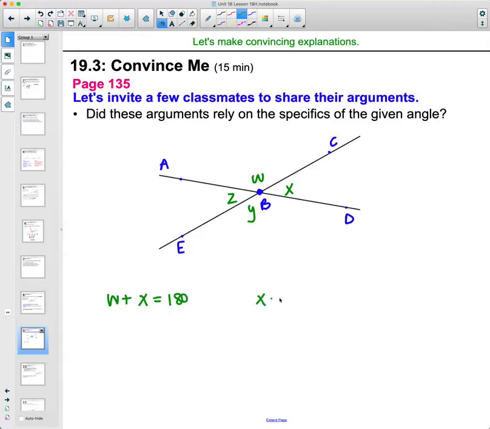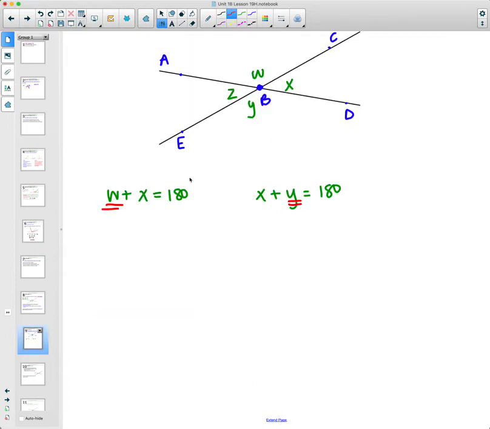And you said X plus Y is also equal to 180. So then you felt like W must be the same as Y because W or Y plus X is always 180, so X is always the same. So then Y and W must be the same. So maybe in your head you felt like that made sense.